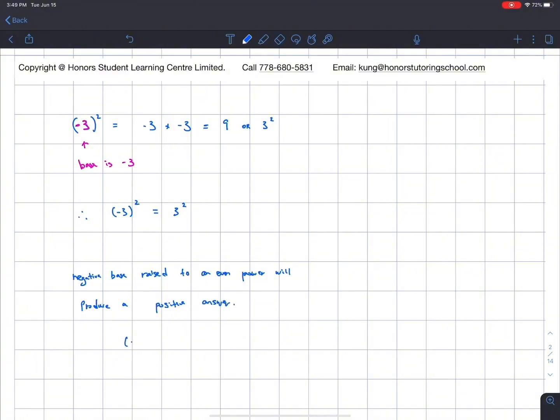So for example, it doesn't have to be 2, it can be 4, it will still be positive. It can be 6, or even something much bigger like 100, it will still be positive. So as long as the exponent is even, and we have a negative base, our answer will just be positive.